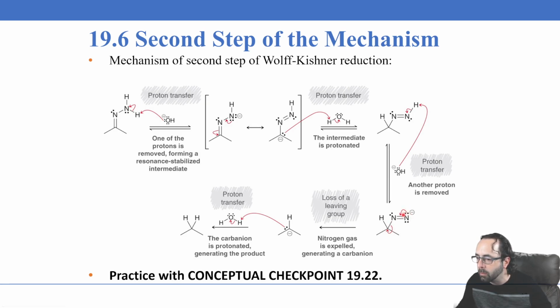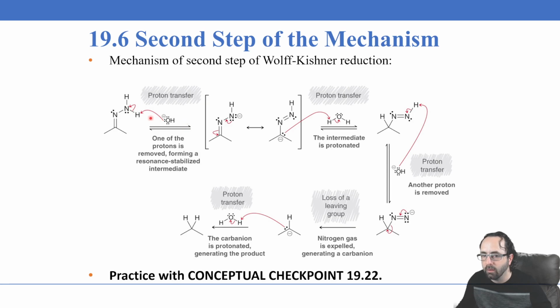This is going to produce a triple bond between the two nitrogens, making nitrogen gas, which will leave, and that will drive this reaction forward. Lastly, when this nitrogen leaves as a leaving group, it leaves a lone pair of electrons here on the carbon. So it is a carbanion now, and it can take a proton from water, again super basic here, and we recover the base that was used.